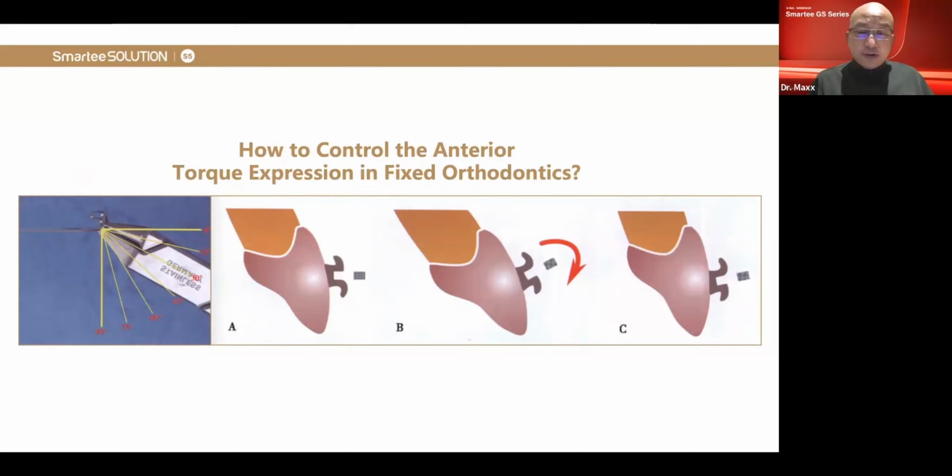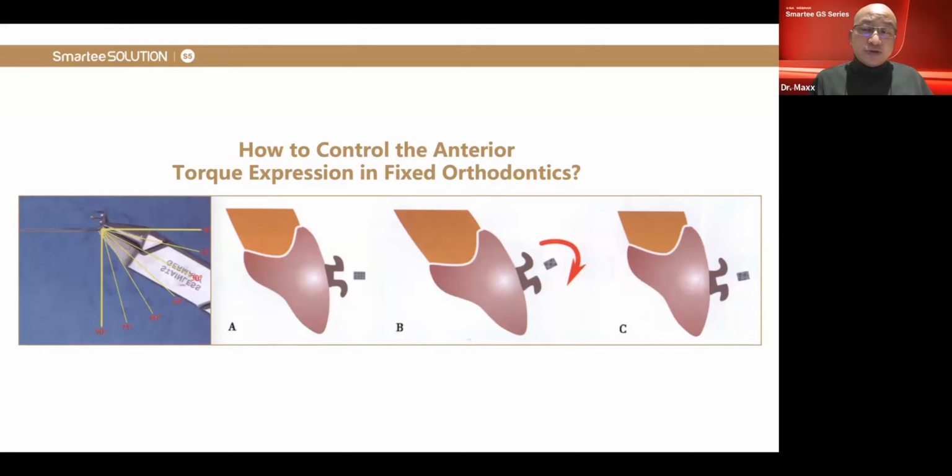First of all, we put braces on the tooth at a certain position. The position is quite precise. We need to put it at a certain position. And then we bend the wires to express torque.